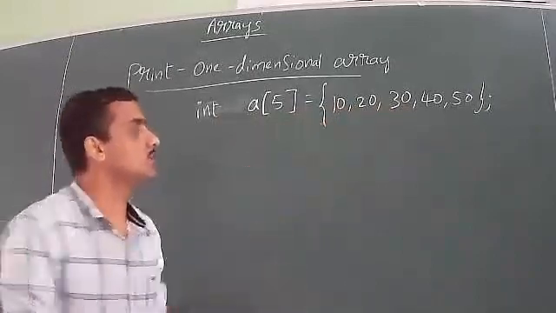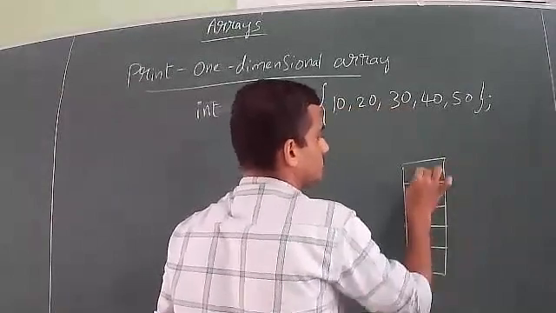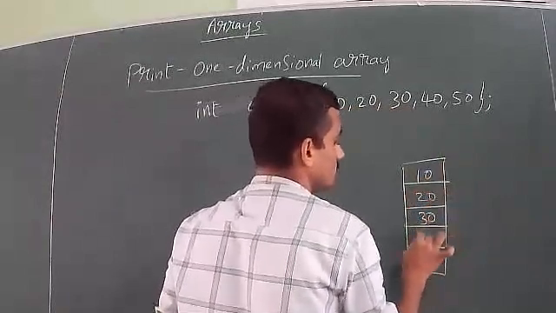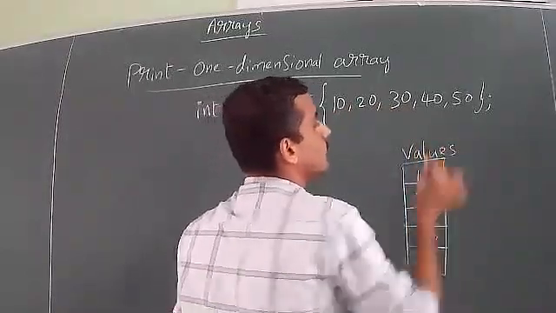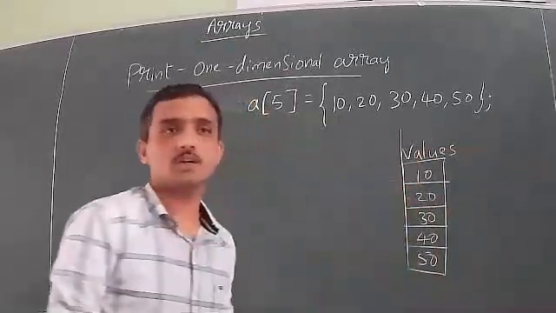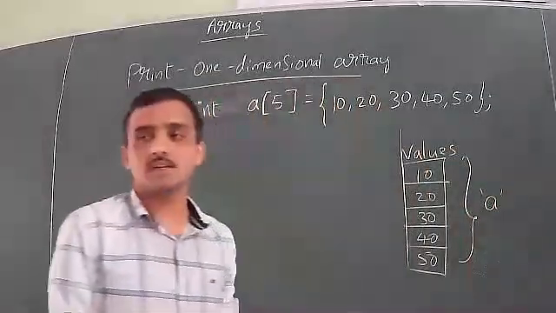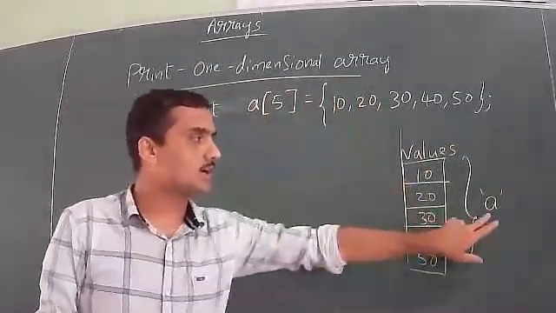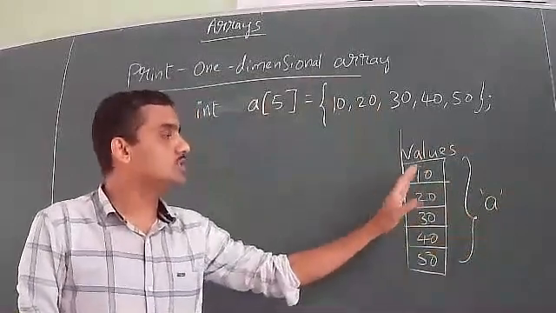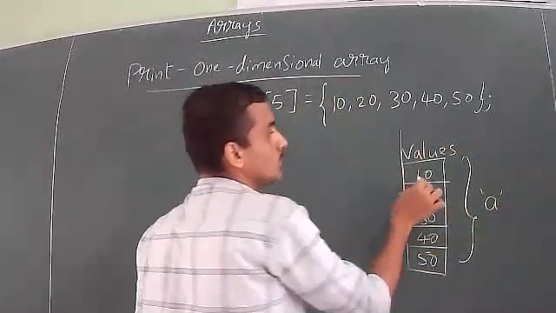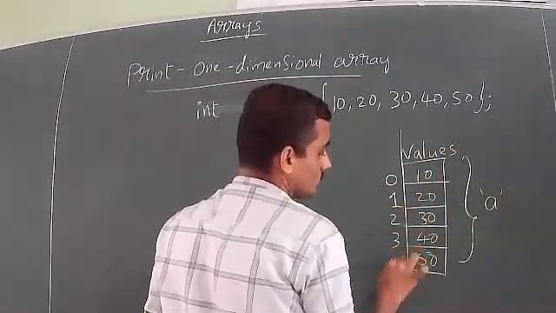Now if we look at the memory representation of this, let us consider this one. We can consider this as the values part of the array, and this entire thing is array A. As I said, all the elements are referred to by one identifier name, that is the array name, and the position of each element has to be indicated. The first element position will be 0, the second element is 1, 2, 3, 4, so in sequence it will go.